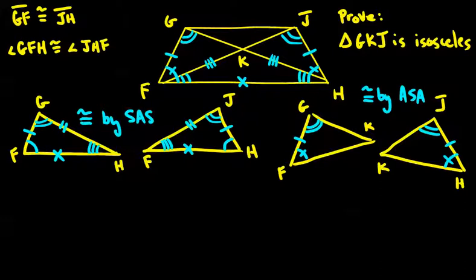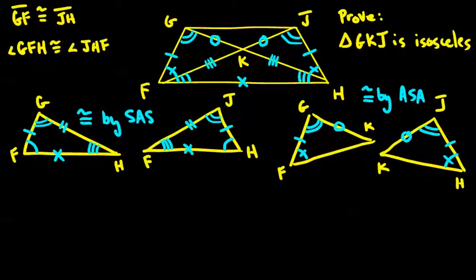And then using CPCTC, we can also state that segment GK is congruent to segment JK. So I mark them on the separate triangles, and then I'll also mark them on the main diagram.